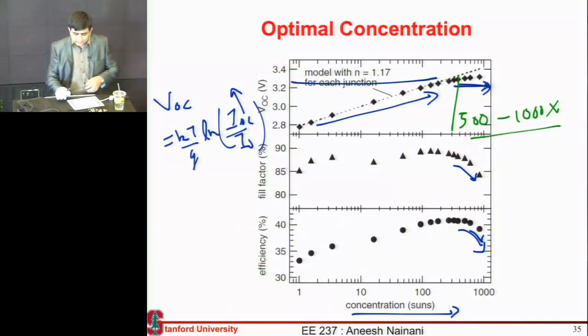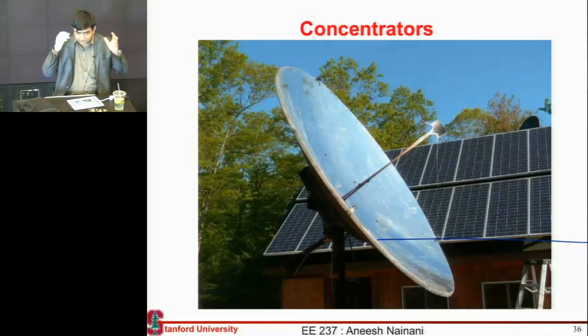So you saw that person has to wear these very dark black shades to go near it, because if you concentrate light by 500x and you look at it directly, you'll go blind, right? And the other thing he was saying is that since it produces a lot of heat, he's using water, and many times these things are used in conjunction with producing hot water, which is usually used for chilling.